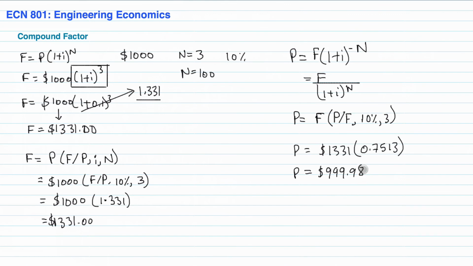We are 2 pennies short because these factors are not exact factors. They were rounded off to the 4th decimal place. So yeah, that's how we get the compounding factor of present and future worth of basically the single cash flow.